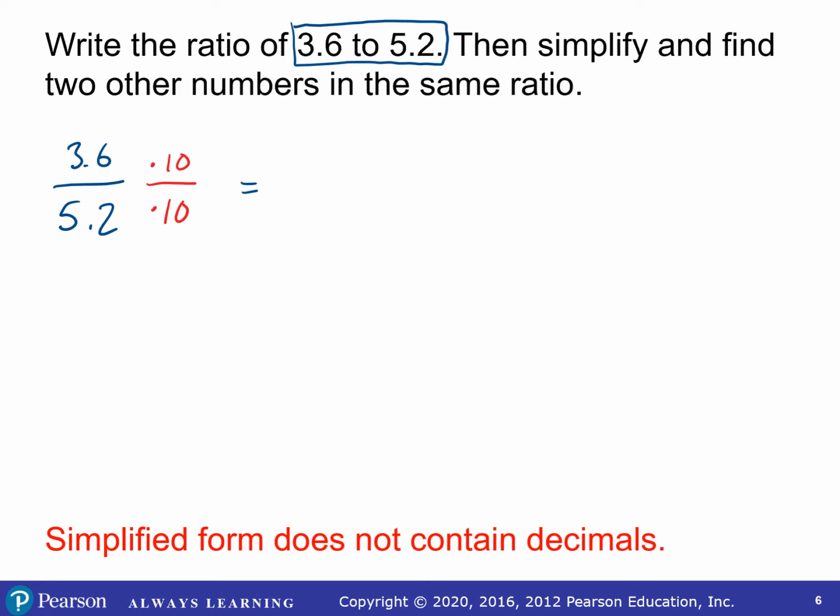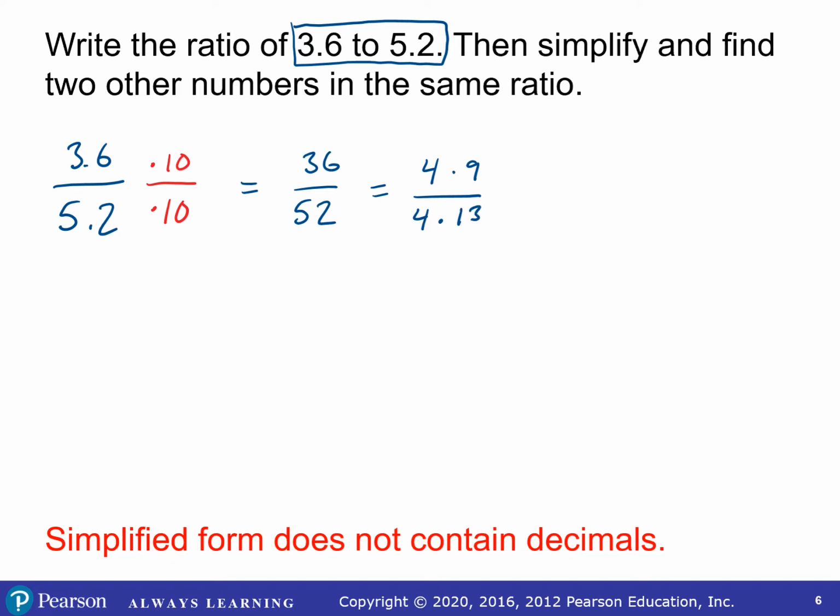So that becomes 36 on top and 52 on the bottom. And these two numbers share some common factors, so we could definitely simplify the 36 over 52. 36 is 4 times 9, and 52 is 4 times 13.